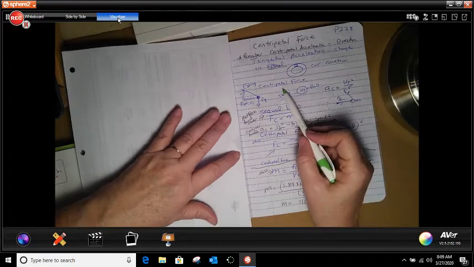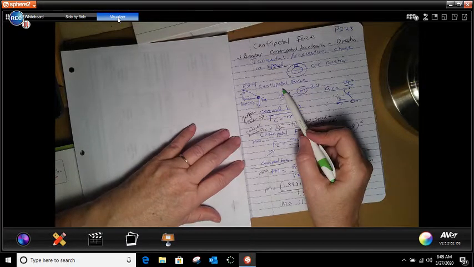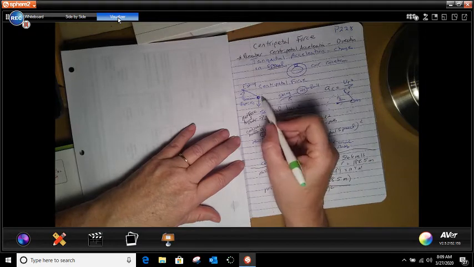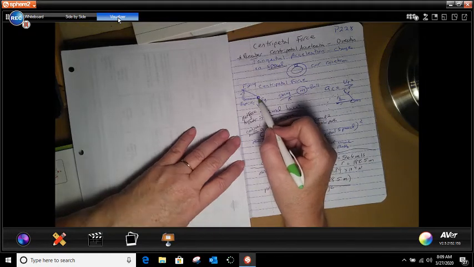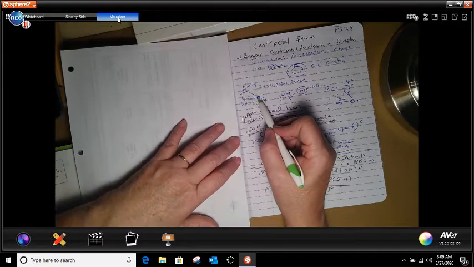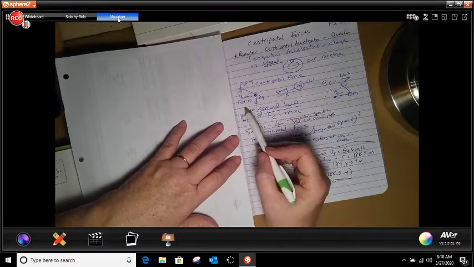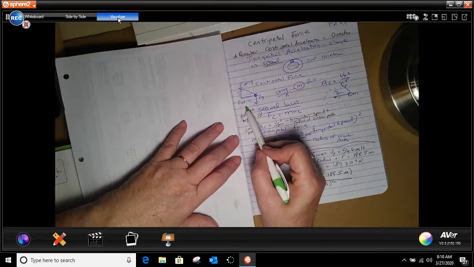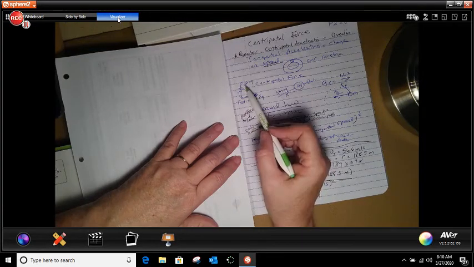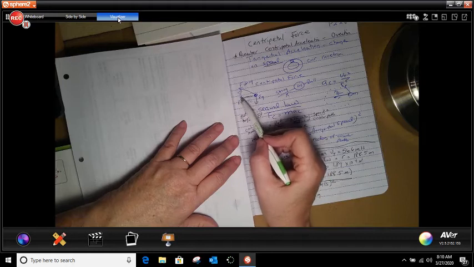In the book, it's giving you an analogy of a person holding a string with a ball on the end. When you're doing your vector diagram, you're going to see force gravity, force net equals force centrifugal, and then the force of your string is trying to go that way, and this right here is your force net.